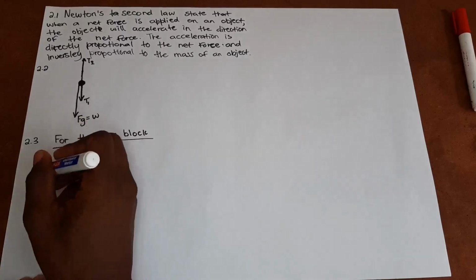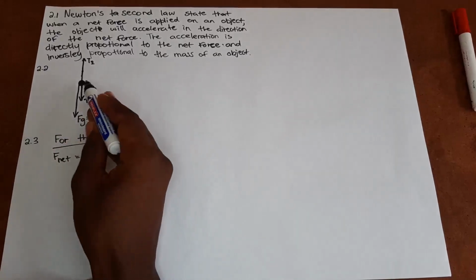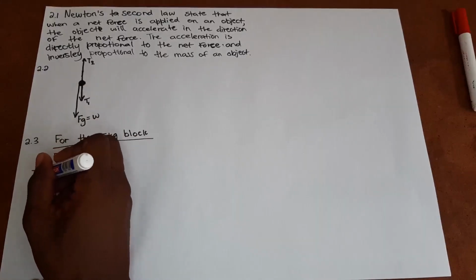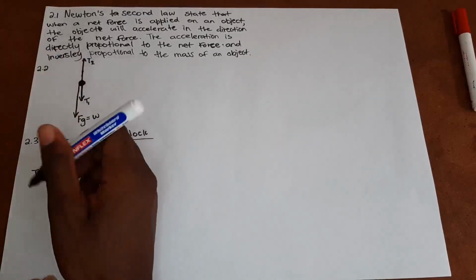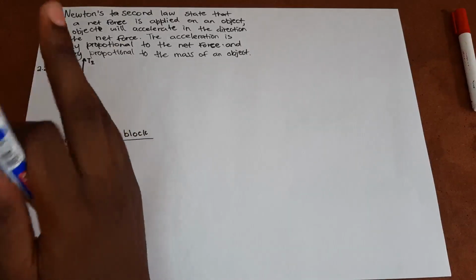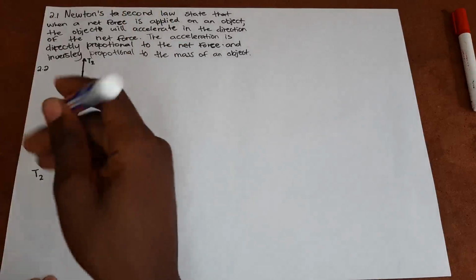What are the net forces acting on our 5 kg block? We already presented them. We have T2, the tension force that is pulling the 5 kg block upwards.